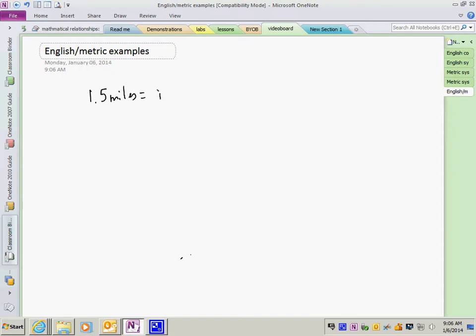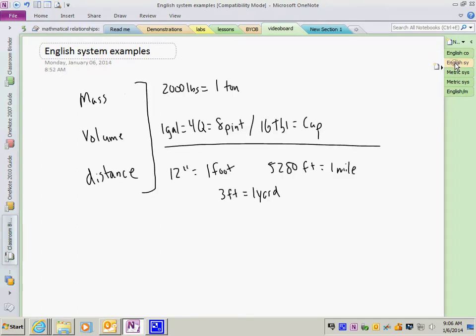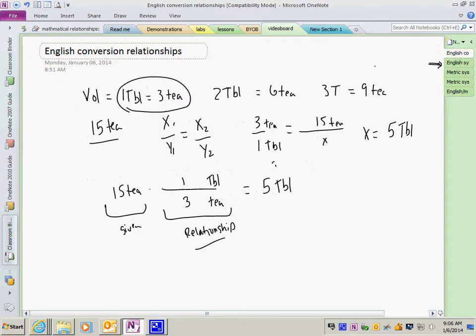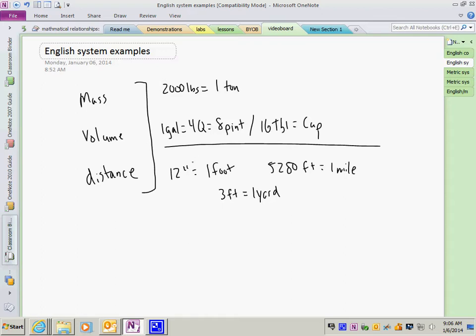How many inches is this? Now, this sometimes gives kids problems. The way I would solve this problem is I would look at the English units I have available. For distance, I have 12 inches equals 1 foot, 5,280 feet equals 1 mile, 3 feet equals a yard. So this is what's available to me.